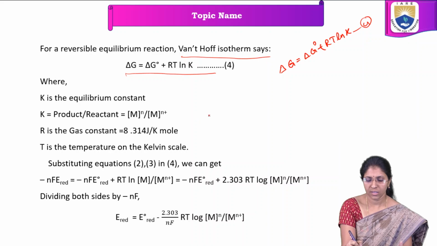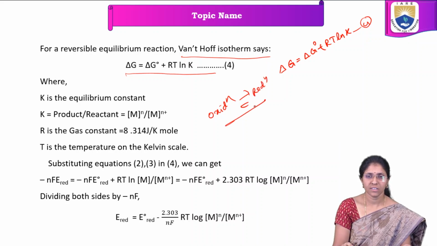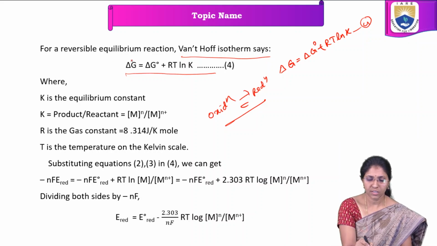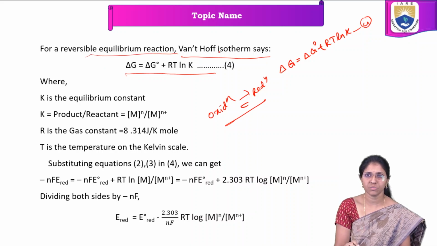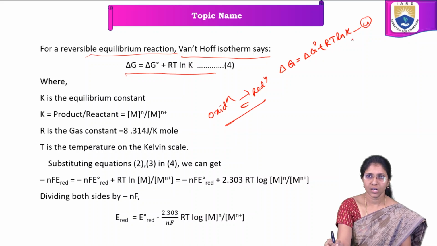We are saying that oxidation and reduction reactions are in equilibrium state, and these are feasible. So for an equilibrium reaction, van't Hoff isotherm gives delta G equals delta G naught plus RT log K. Here K is the equilibrium constant.